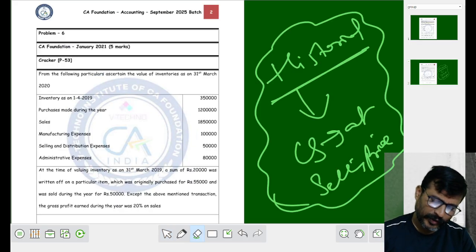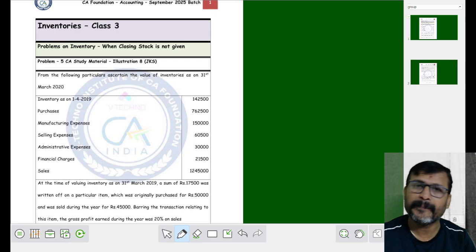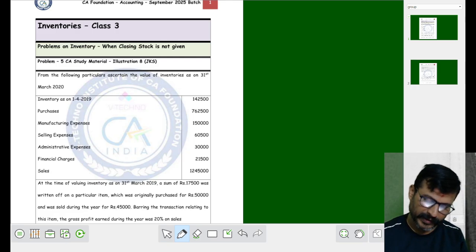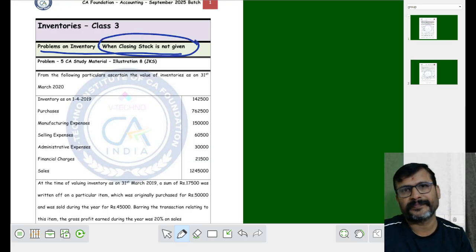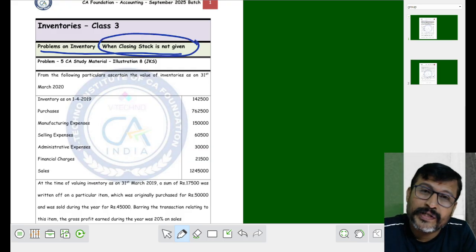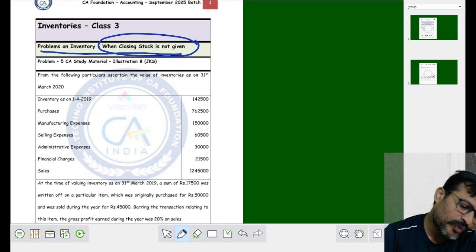Now, we are entering into a new type of problem under inventory. Here, my dear student, the closing stock is not at all given. In such case, we have to calculate the closing stock.